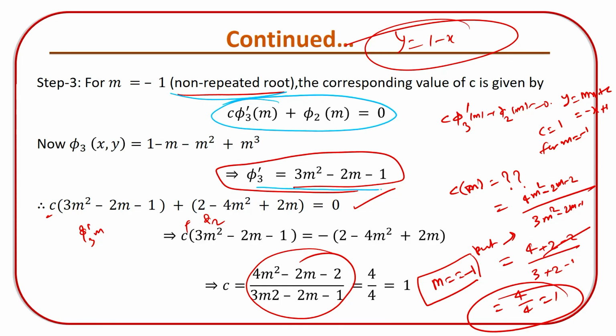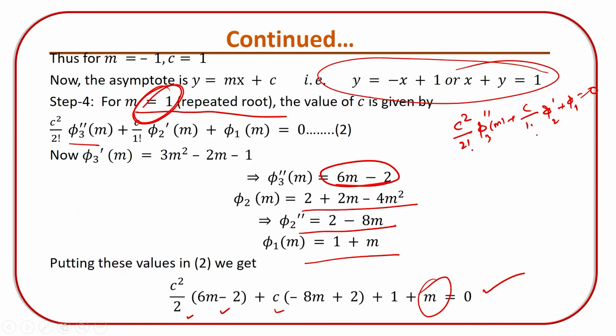So, we found here phi 3 dash(m) is 2m square minus 2m minus 1, and putting m equal to minus 1 it is not equal to 0, and hence I can obtain this c. So, what is the c? c becomes 1. So, y equal to mx plus c now becomes, with m equal to minus 1 and c equal to 1, y equal to 1 minus x, which will be one of our oblique asymptotes.